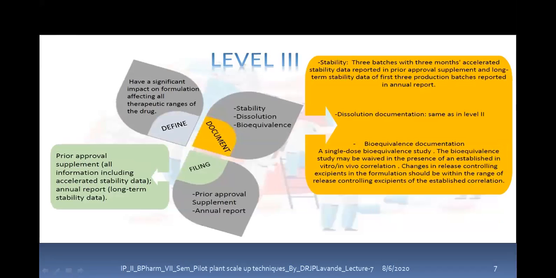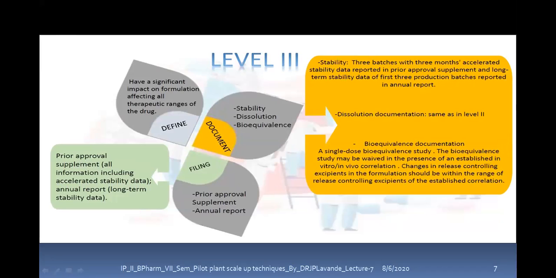Now, if the changes are of the level 3 type, how will level 3 be defined? It will be defined in such a way that the changes have a significant impact on formulation affecting all therapeutic ranges of the drug, that means it will affect the prescription. So the documents needed are in terms of stability, dissolution, and bioequivalence.